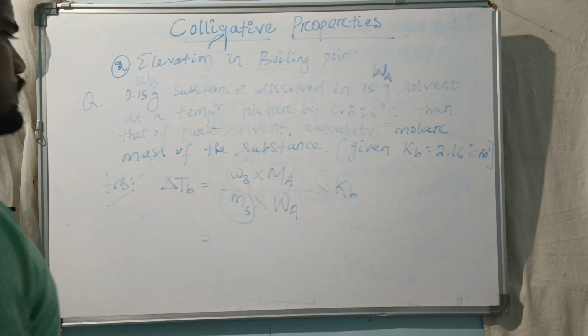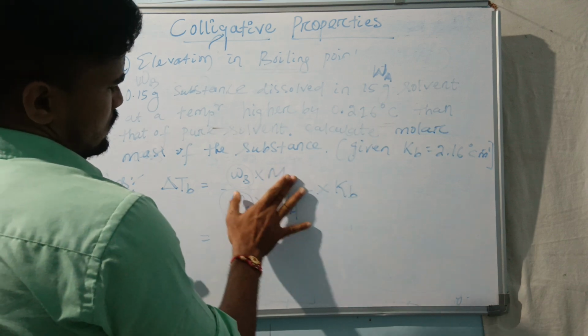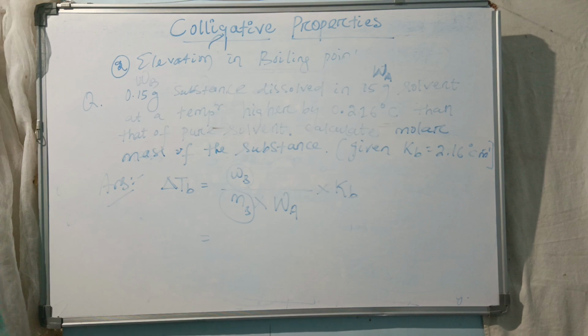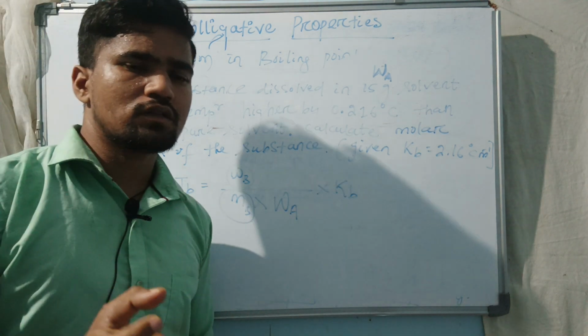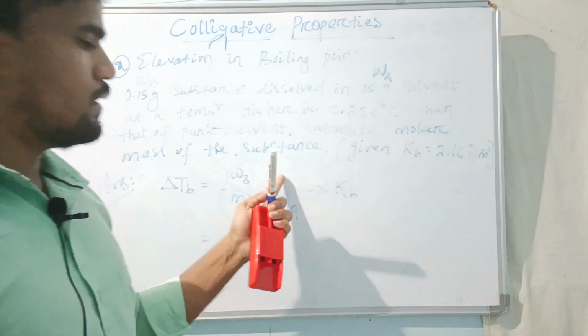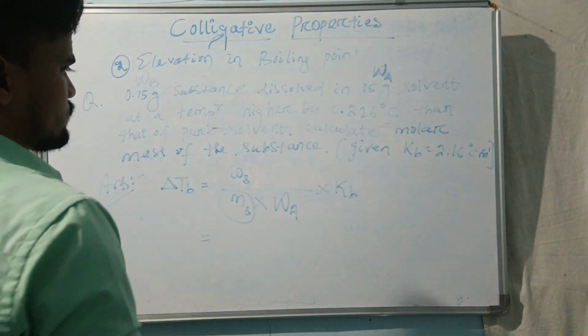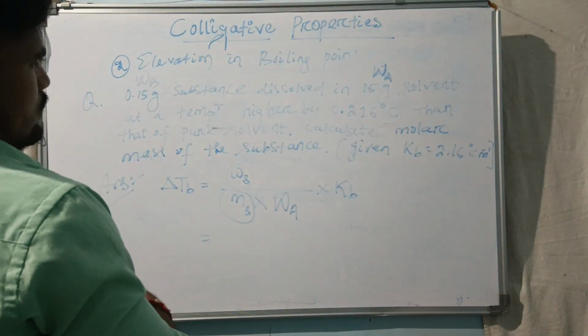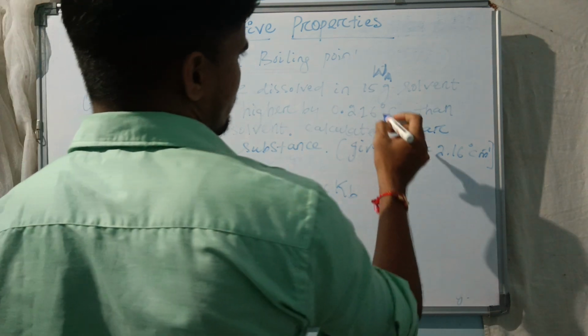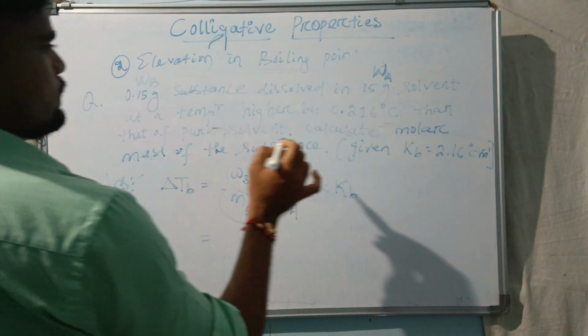Here the solvent's P naught and MA are constant, right? So this is Kb. So what is the value of delta Tb?